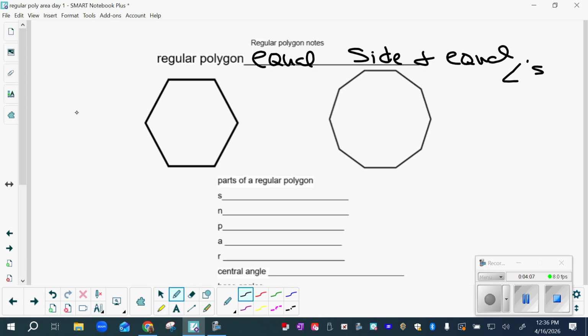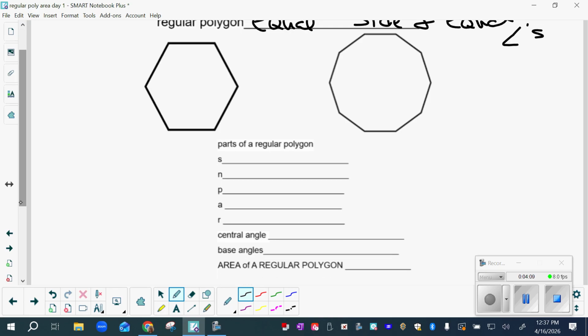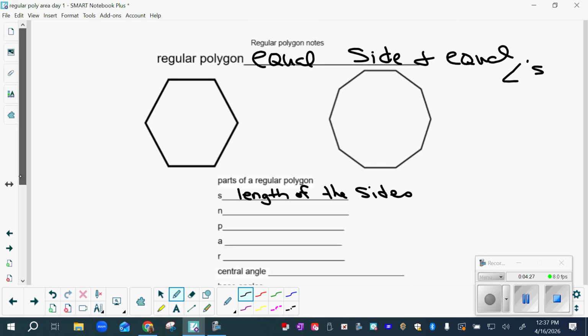So the first thing that we're going to talk about is this little S. And S means the length of the sides. And here's what's cool about that. They're all the same once you know one of them.